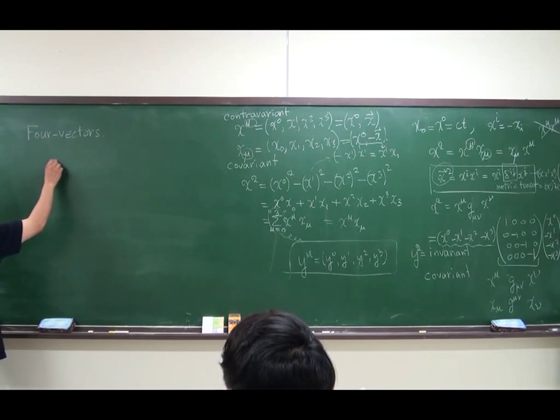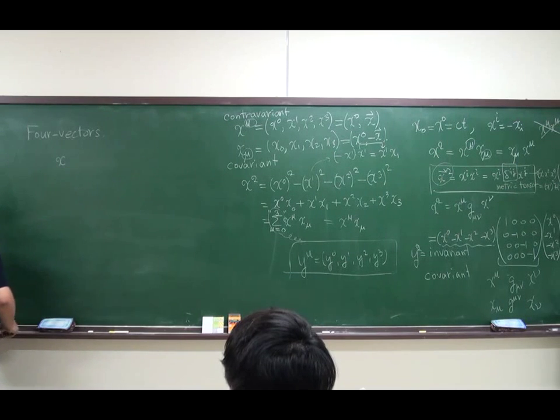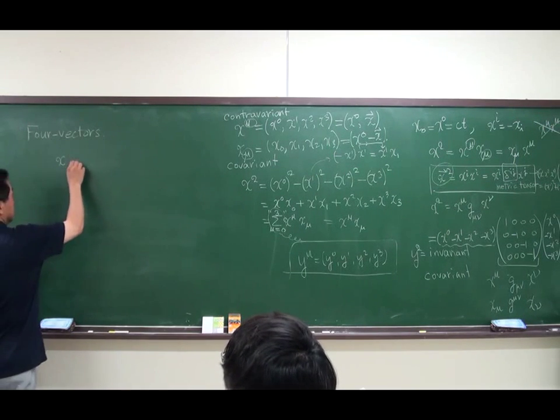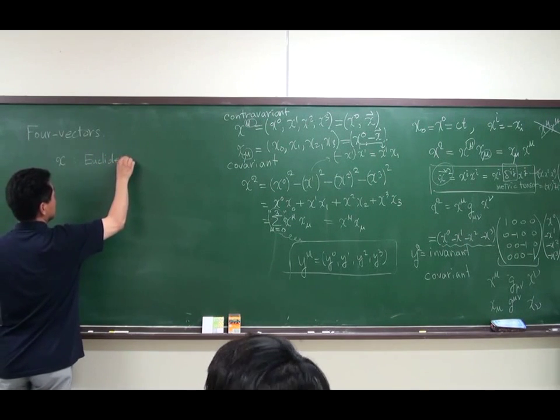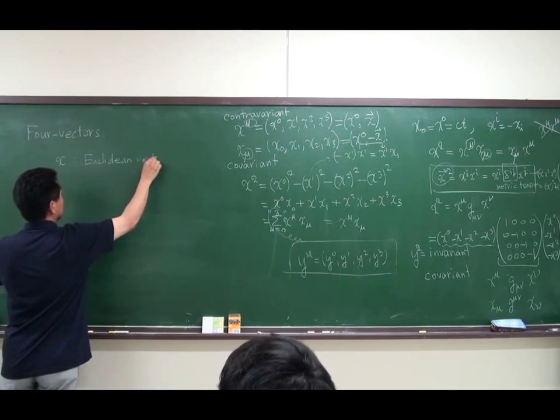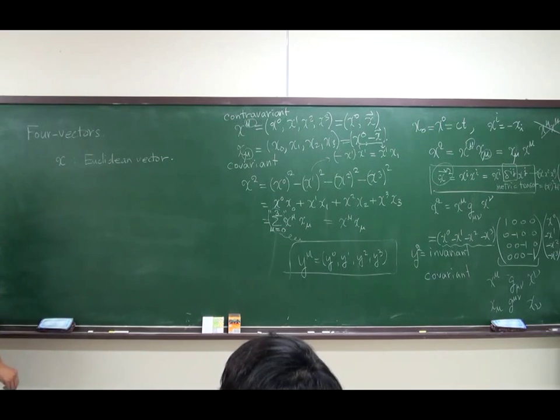Let us consider a vector x, which is a Euclidean vector, and I'd like to transform this one to another frame.